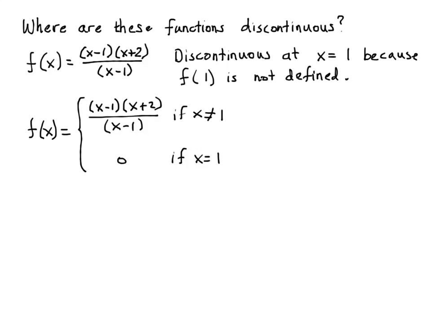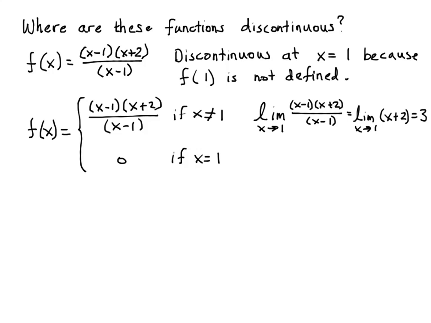What we have to see is the limit as x goes to 1. We evaluate that, and we see that the limit is 3. So as we come from the left and the right, we're looking at 3.